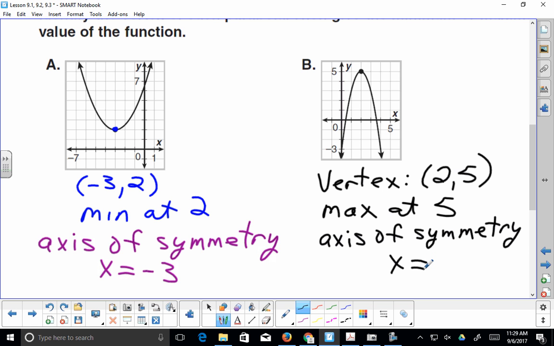The axis of symmetry is a line, so it's always going to be, for your benefit, an x equals line, and it's always the x value for the vertex. So x equals 2. So there's an imaginary line, you can't see it, a vertical line that runs through the vertex because it cuts the graph in half. So the two sides of that are mirror images of each other. Okay?